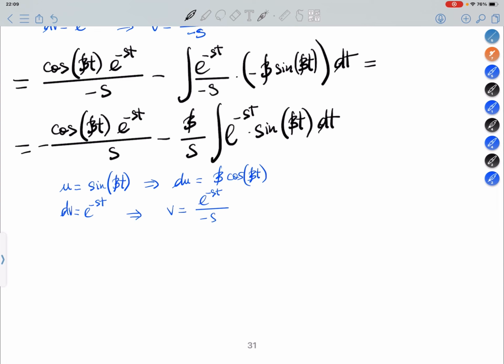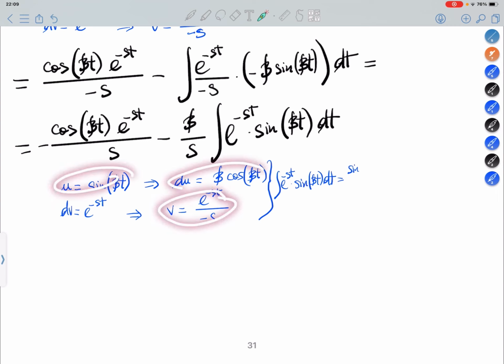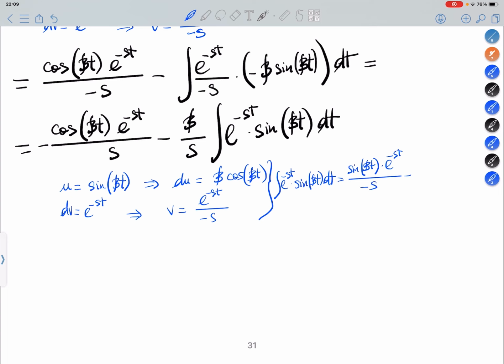So the integral of e to the power minus st times sine of beta t dt would be uv, which is sine of beta t times e to the power minus st over minus s, minus the integral of v du.